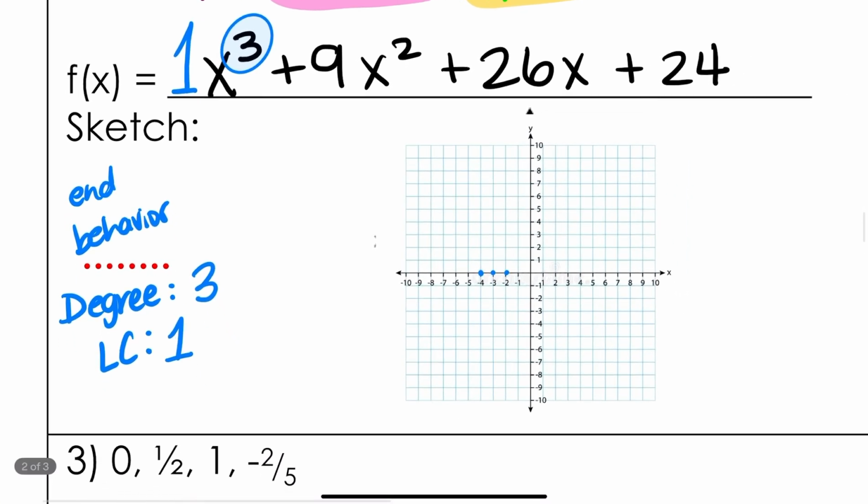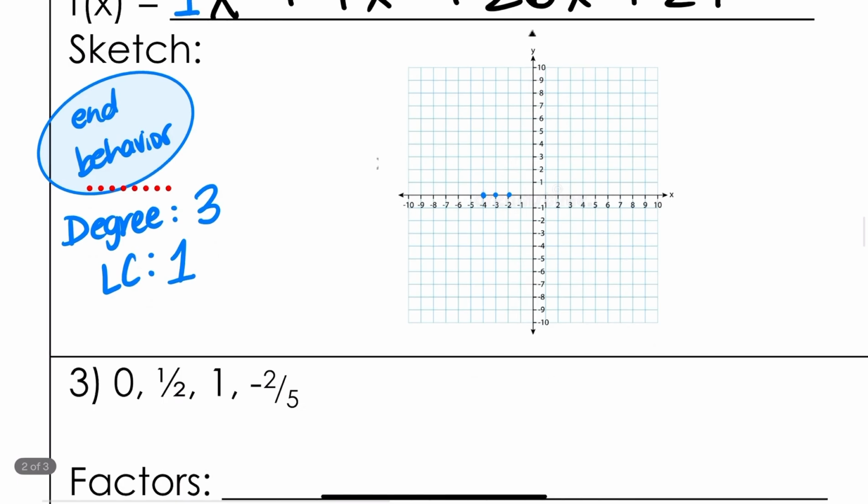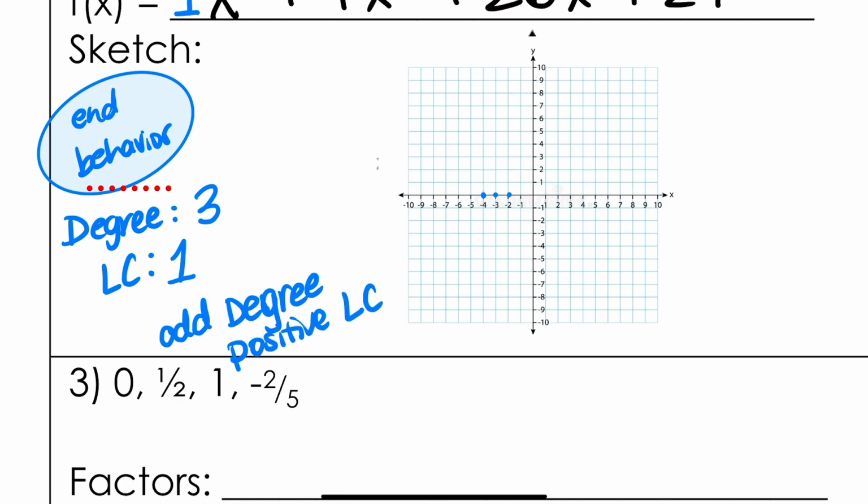So in the end behavior chart that you saw in the last video, you should be looking for an odd degree and a positive leading coefficient. So we have an odd number for the degree and we have a positive number for the leading coefficient.